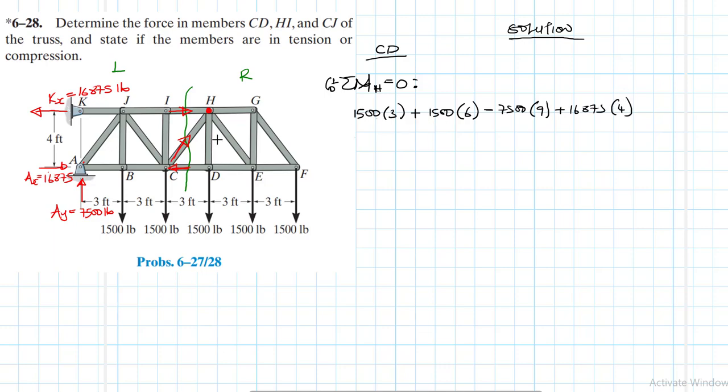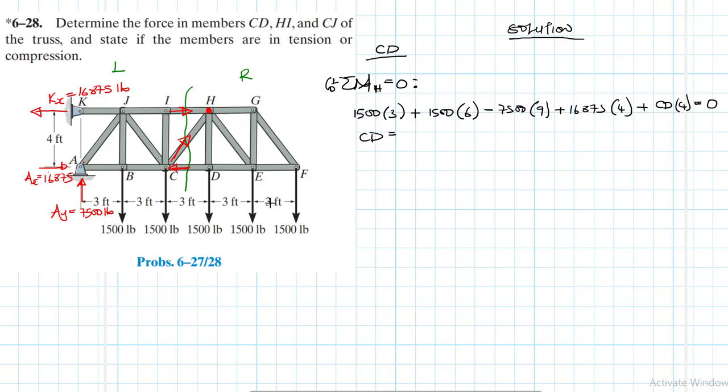This one will be anti-clockwise, then the rest will be clockwise. Okay, and then plus CD we are assuming is in compression by 4 equal to 0.